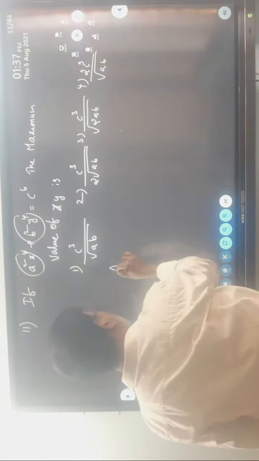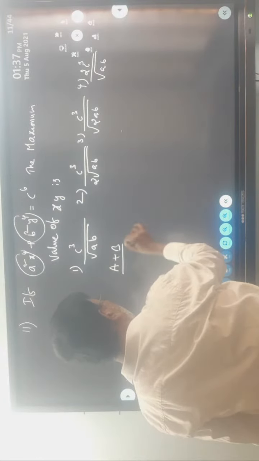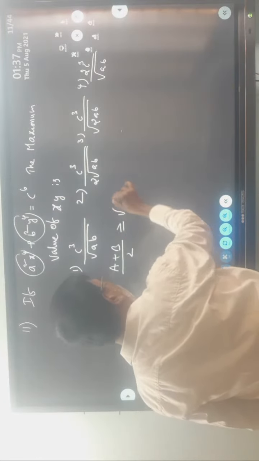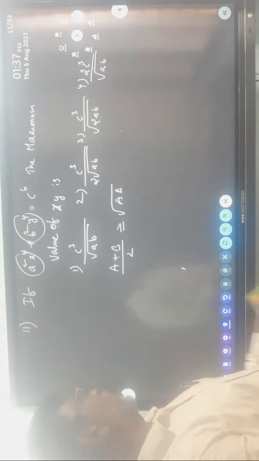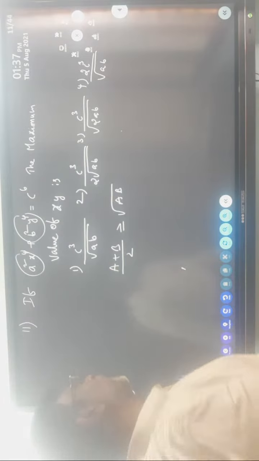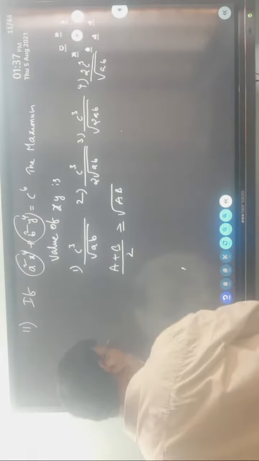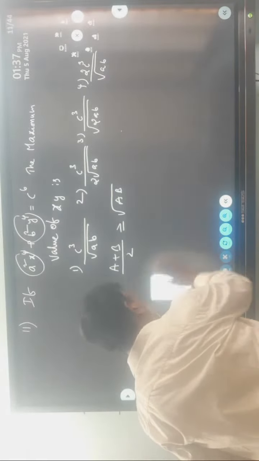So a plus b by 2 is greater than or equal to root ab. What is the formula about? Remember this. It's arithmetic mean greater than or equal to geometric mean.